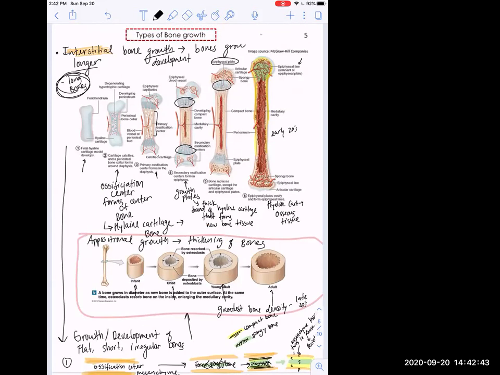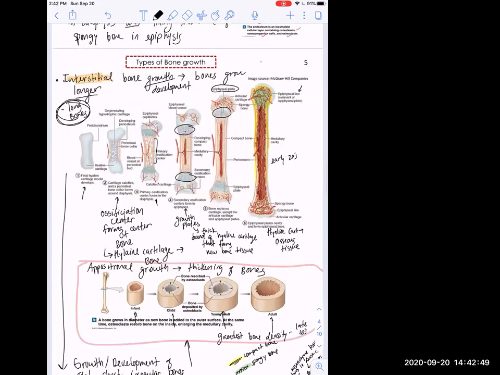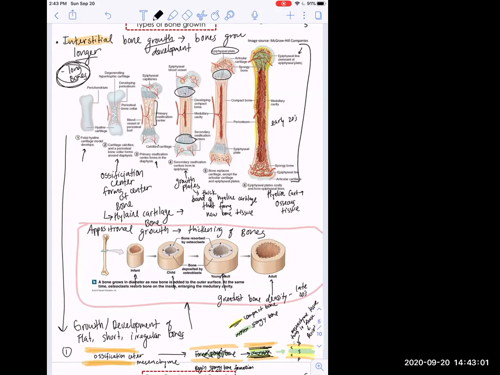Now, a couple of things, I made a little bit of an error. So first off, something I want to go over really quickly. Interstitial bone growth is bones growing longer, okay? But this whole process that I've showed you here represents a form of bone development called endochondral.